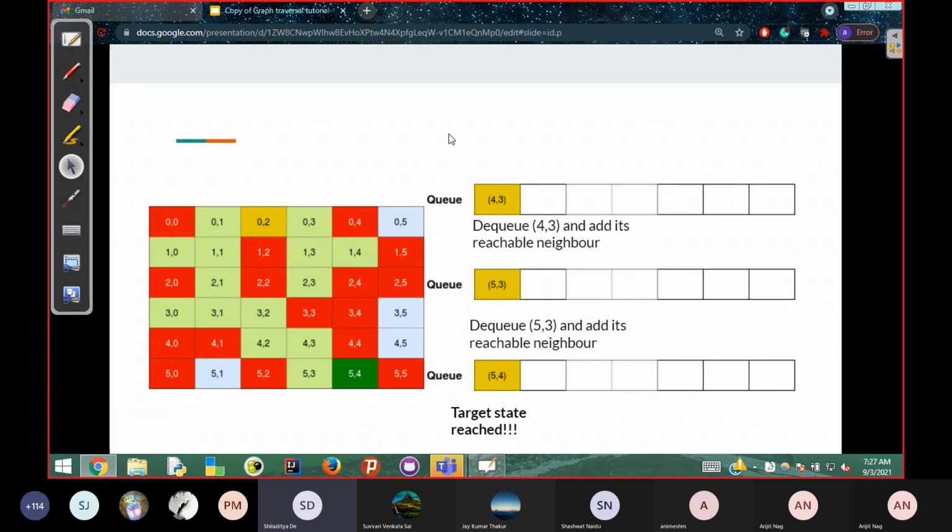So there is extra complexity: you need to add another array to maintain this information, and then backtrack. So you need another queue or array to save the parent structure so that you can backtrack. Okay, this is the BFS part.